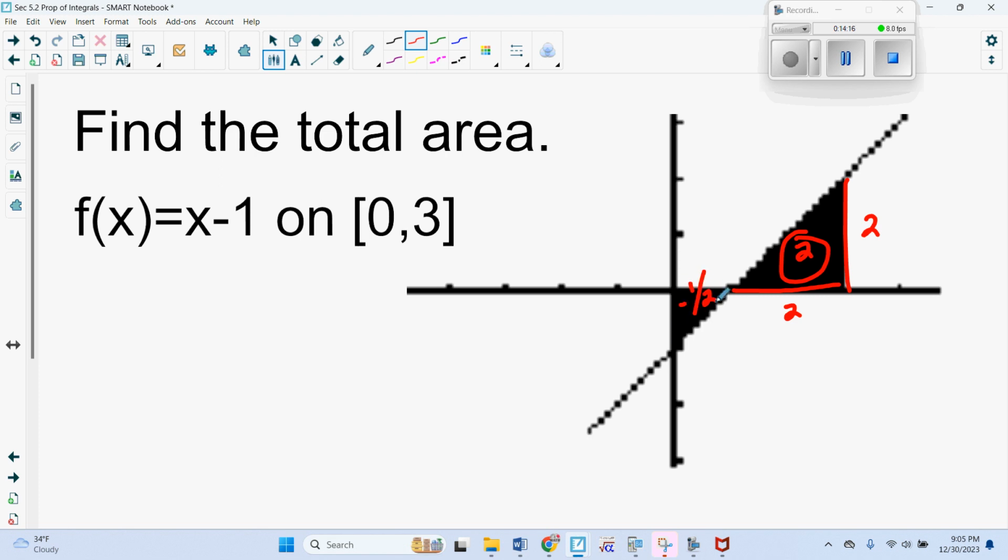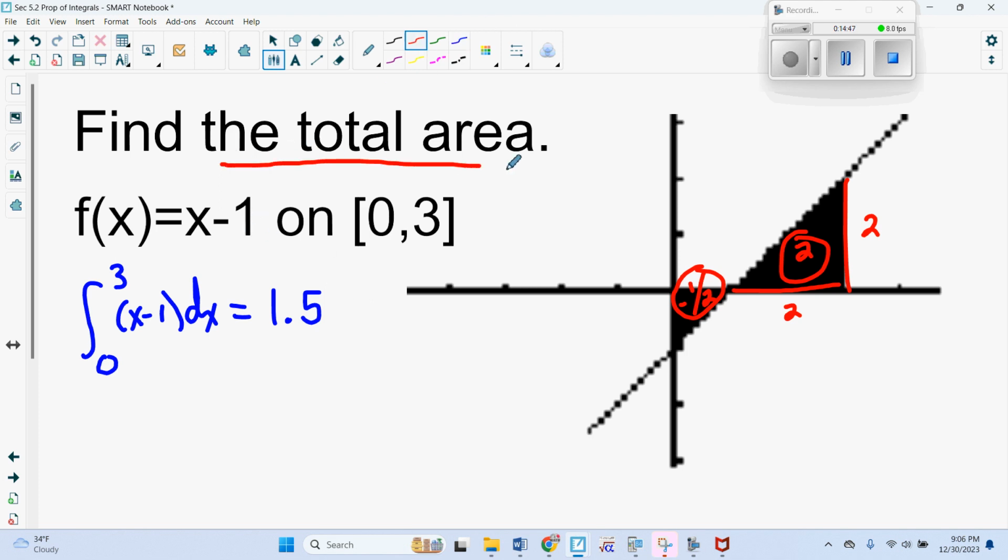So this is -1/2. If we would write this as the integral from 0 to 3 of x minus 1 dx, that would be 1.5. Because this area that is below the x-axis, this -1/2, would be a negative value and would take away from our total.